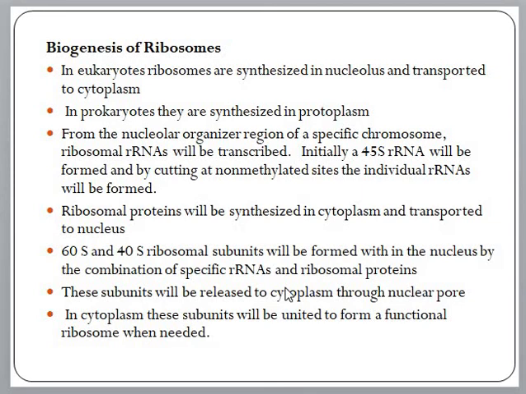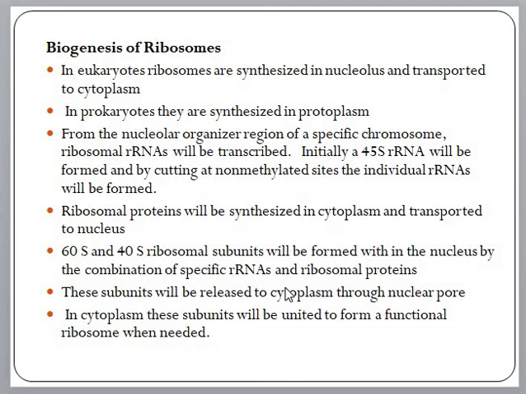In eukaryotes, on the chromosome which has a nucleolar organizing region, ribosomal RNAs will be transcribed. Initially the rRNA formed will be a 45S rRNA, and it will be methylated.